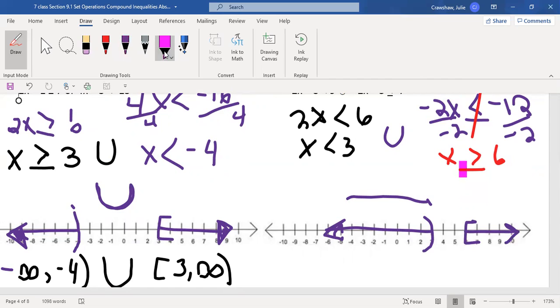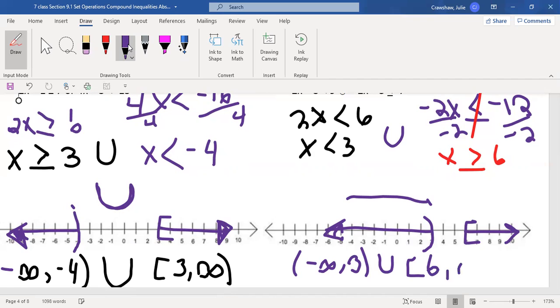That line right there. So now when I write my interval notation, I'm going to say negative infinity up to 3, then union, I'm jumping over, I'm picking back up at 6, and I can continue on until infinity.